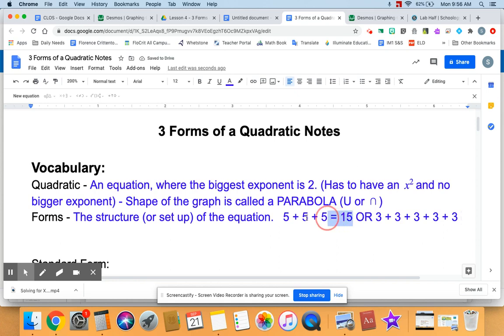So these are different forms of the same answer. But also, both of these just mean that we're taking 3 times 5 or 5 times 3. So this is the adding way of writing it, the adding form, and this would be the multiplying form. So all of it's saying the same thing, it's just written in different forms.